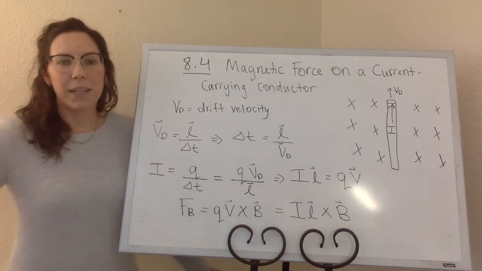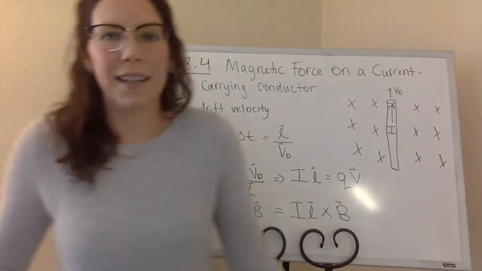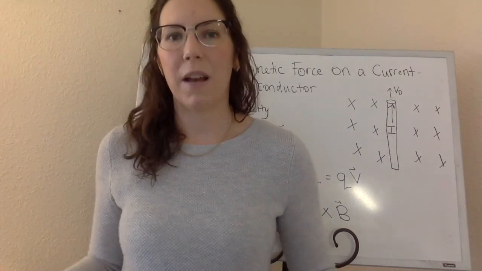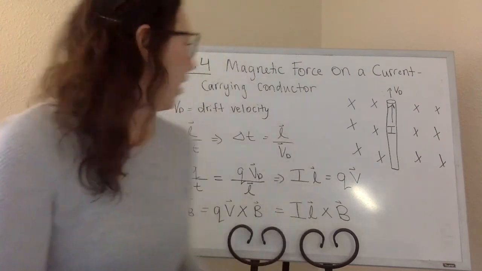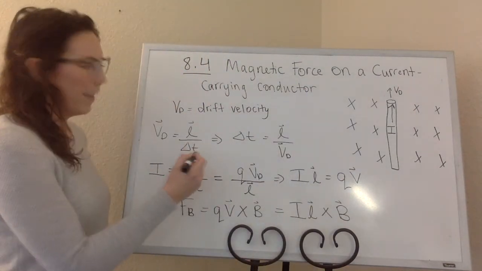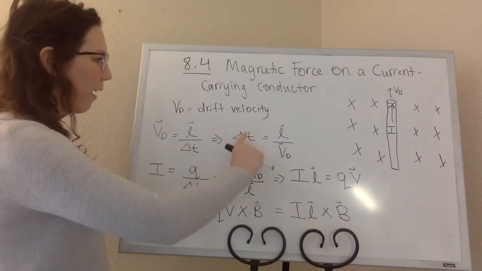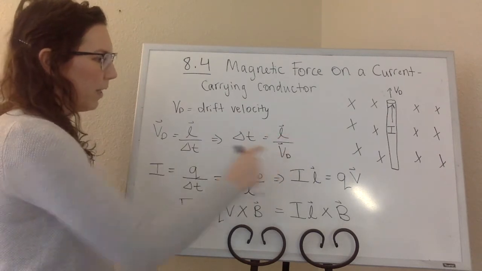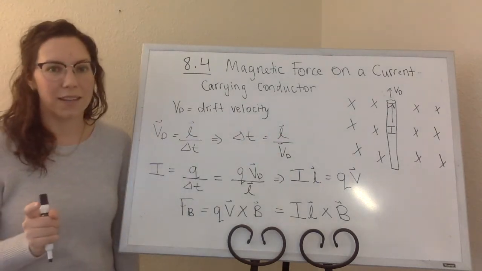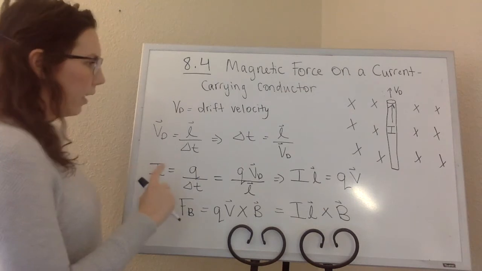It's still displacement, it's used as L to indicate that it's in whatever direction the wire is. So we have displacement over time, and then I can rearrange that to have time is that displacement over the drift velocity.